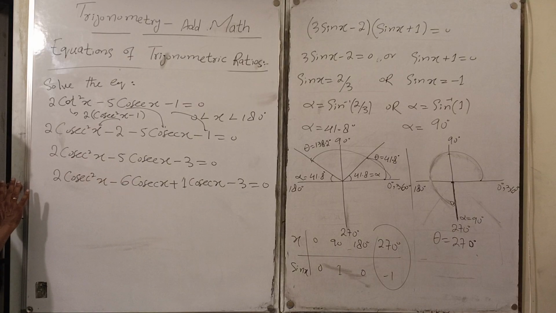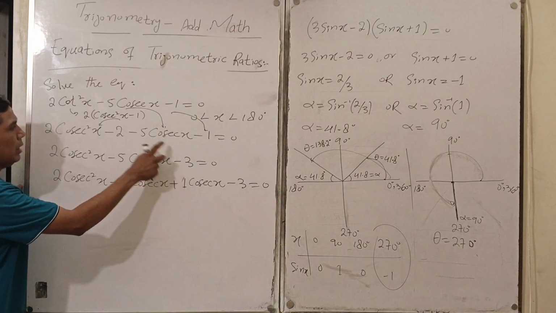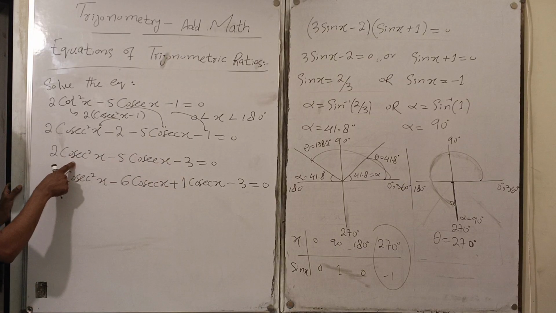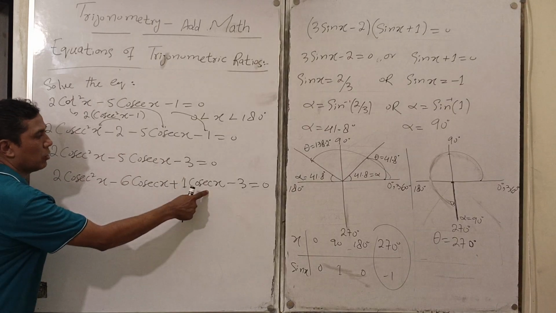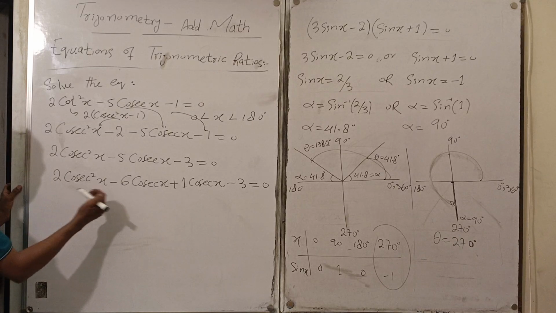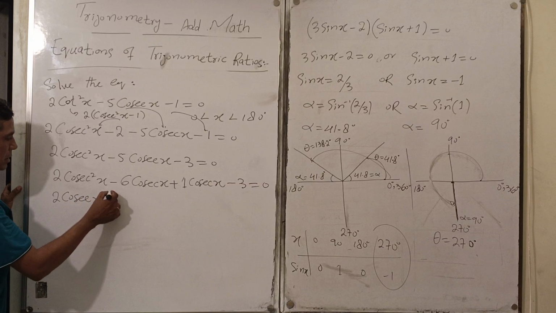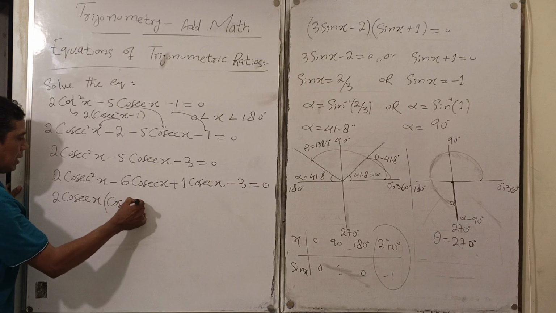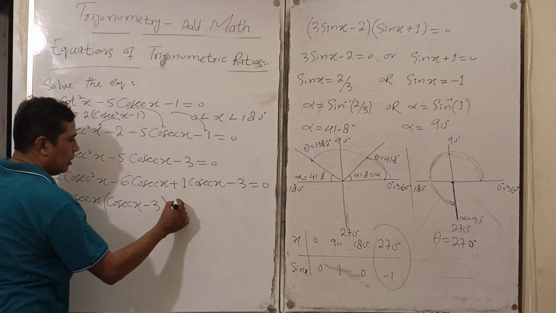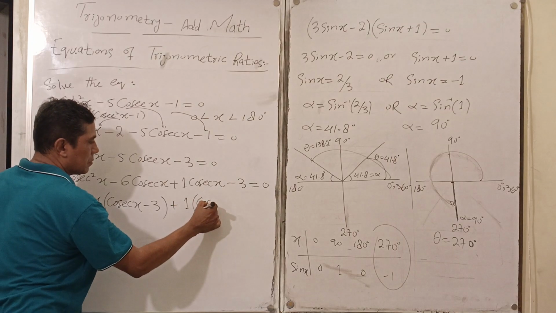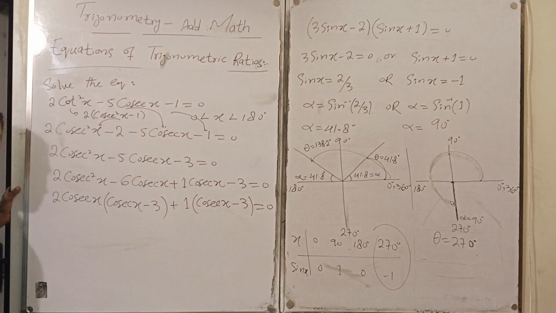Now it is a factor. Minus 3, and this is simple: 2 times 3 is 6, so 6 cosec x plus 1 cosec x. What I can factor out: 2 cosec x, then cosec x minus 3 equal to 0, and 1 times cosec x minus 3 equal to 0.